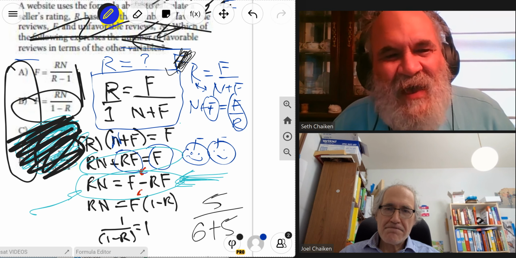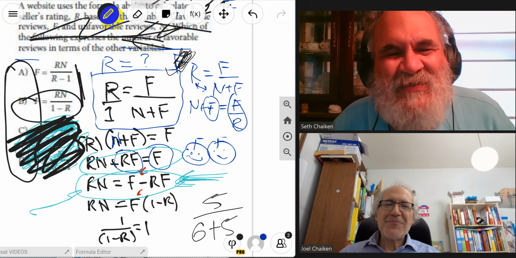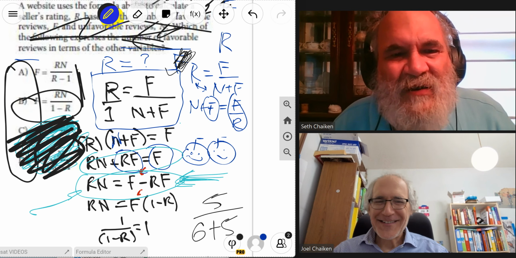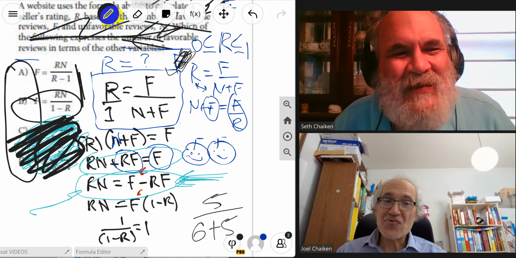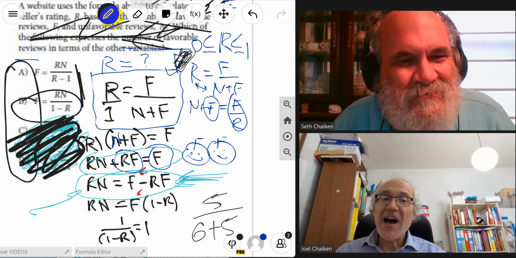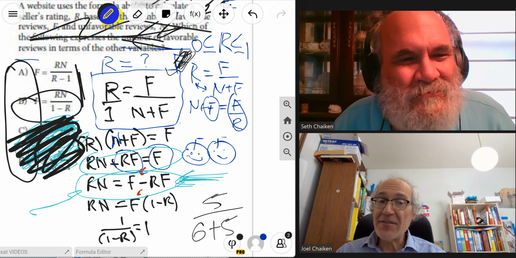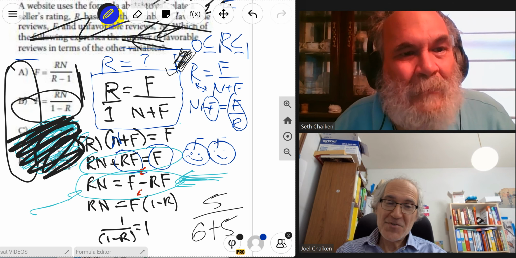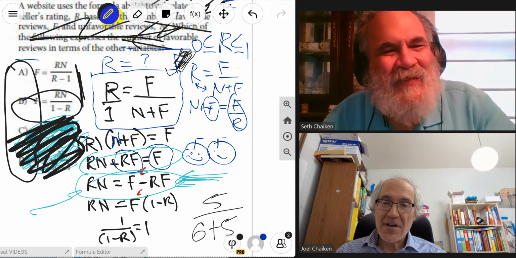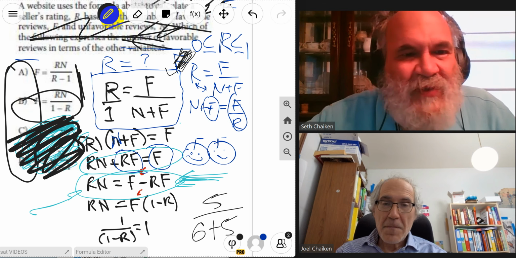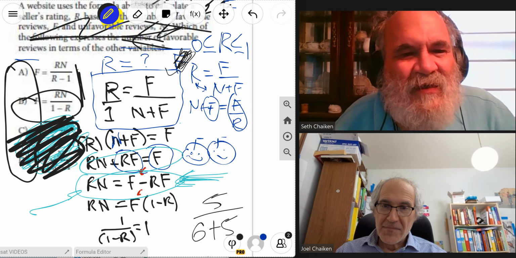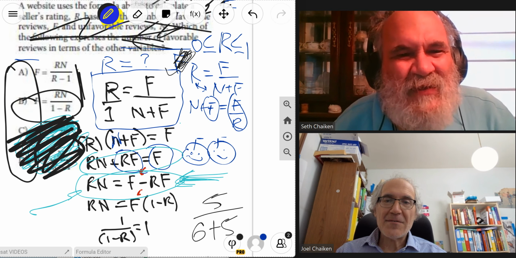F might be 0, so R could be 0. Could R be 1? No, R can't be 1. That's a really clever way to do it. I wonder whether the people who wrote the SAT even thought of anyone doing it that way.